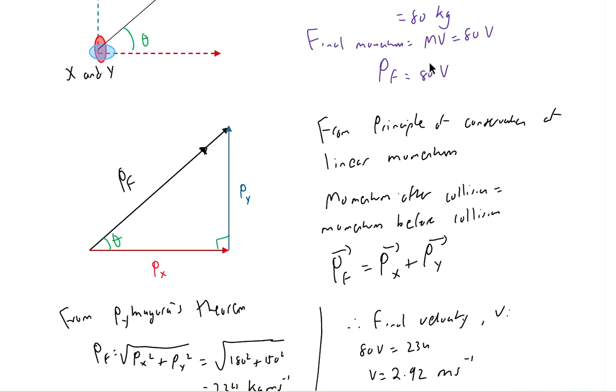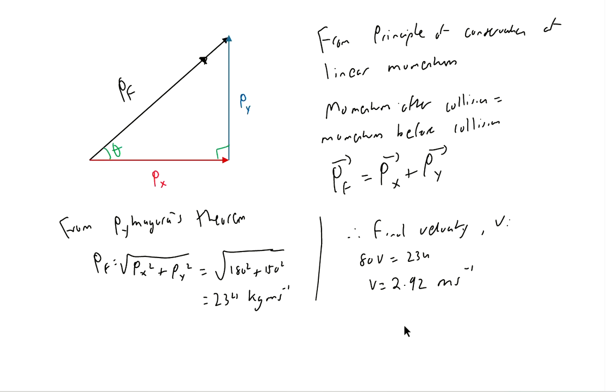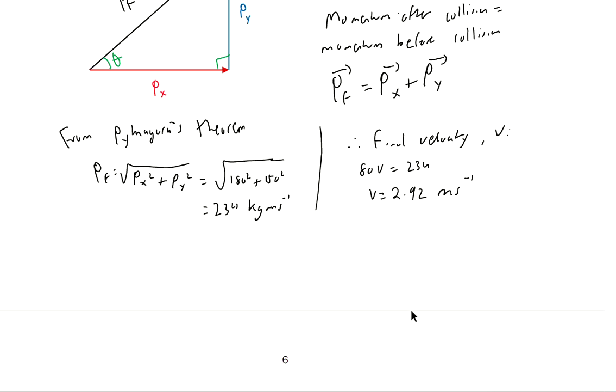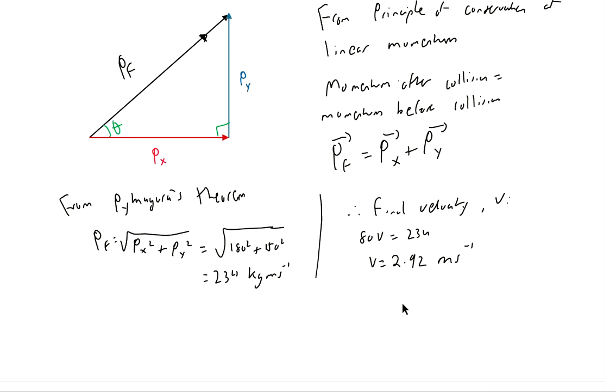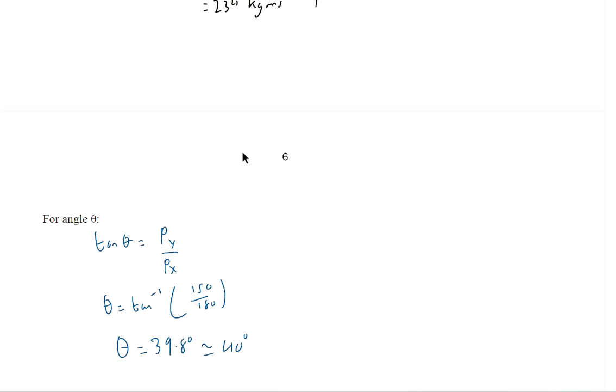I'm going to use this. Pf is equal to 80 v. To find v, v is going to be equal to 2.92 meters per second. And of course, I need to find the direction of this momentum. So I'm going to find the angle theta. You can use sine, cos, tan, whatever you prefer. I'm using tan.